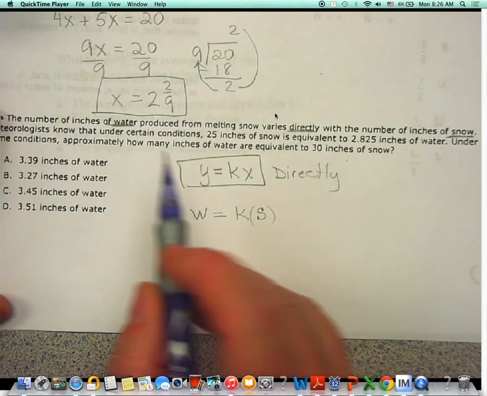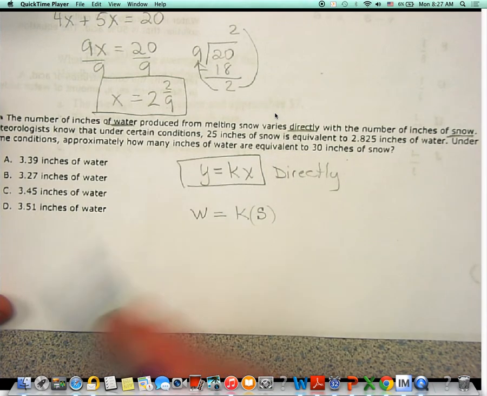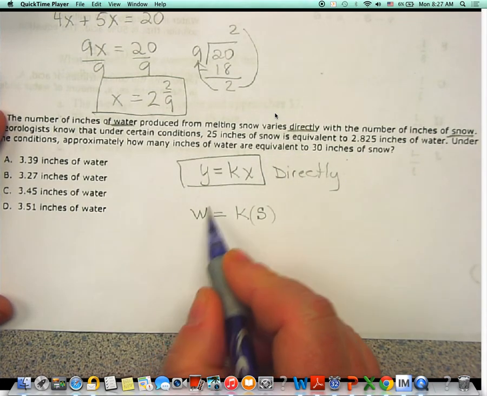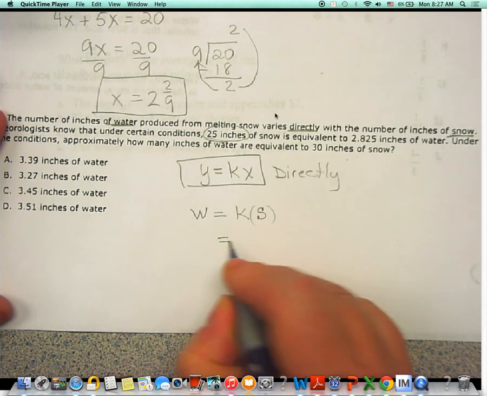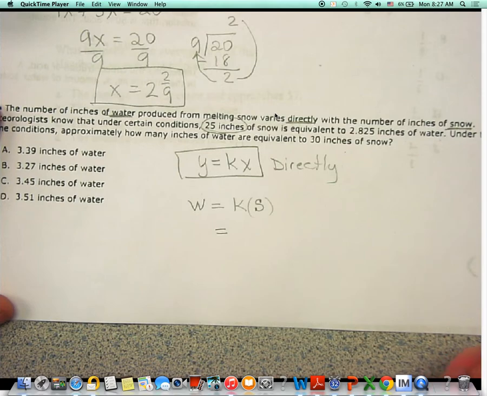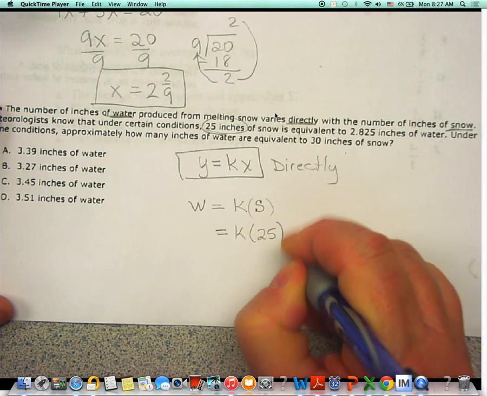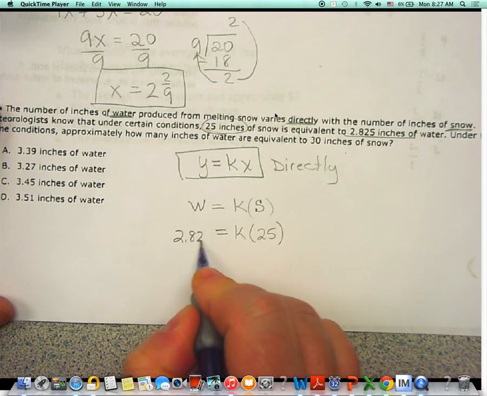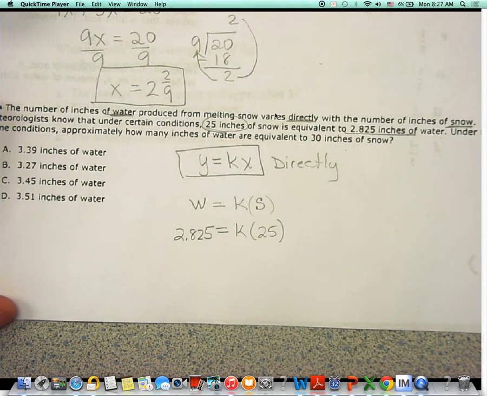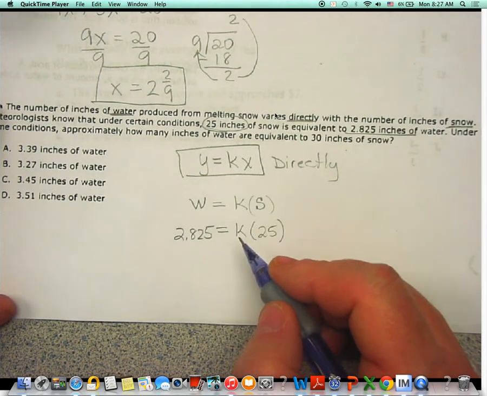Okay, so then it says that under certain conditions, 25 inches of snow is equivalent to 2.825 inches of water. So where are we going to put the 25? For the W or the S? The S. So K times 25, and then 2.825 will be the W. Then we need to find K. How do you find K?